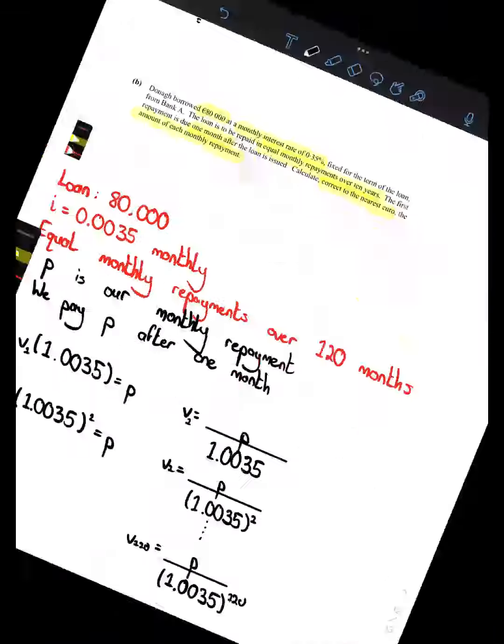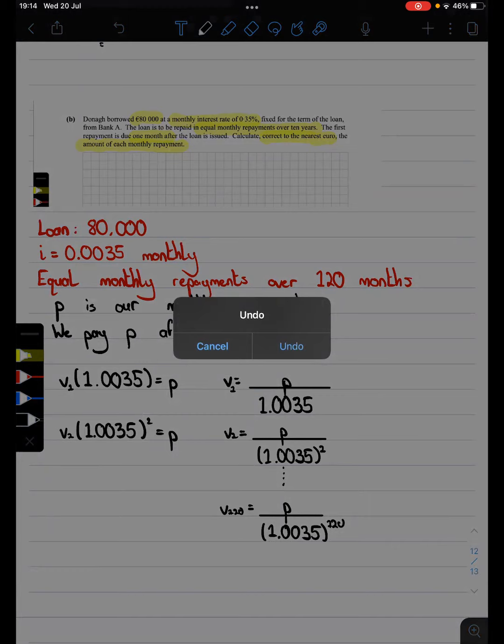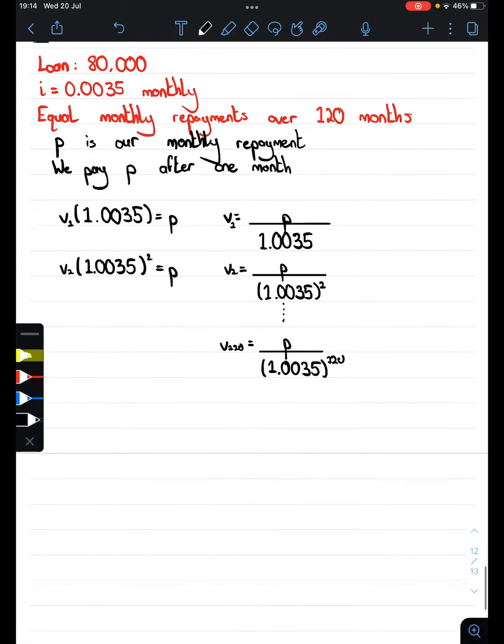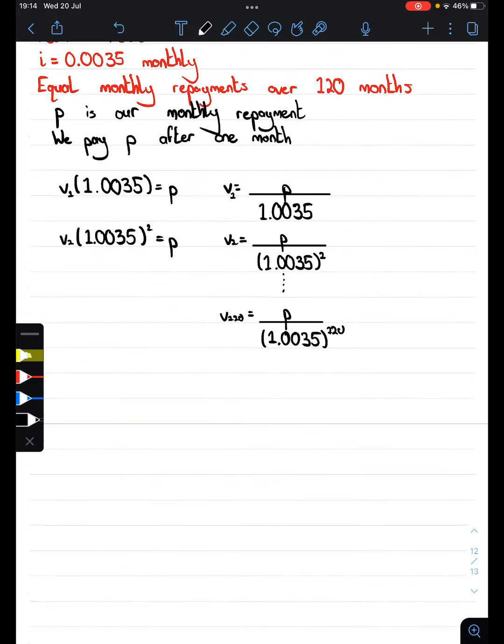This is why it's worth less. We know that the value that we give them has to equal 80,000. That's how they get their money back. So the sum of the values, V1 plus V2 all the way up to V120, is equal to 80,000.